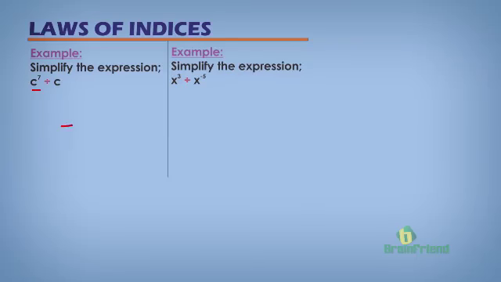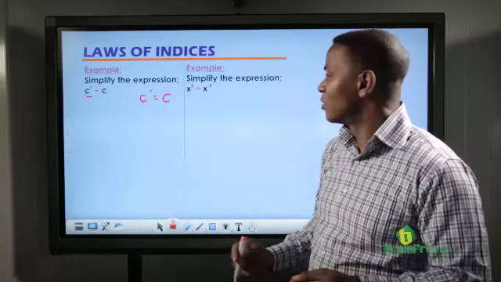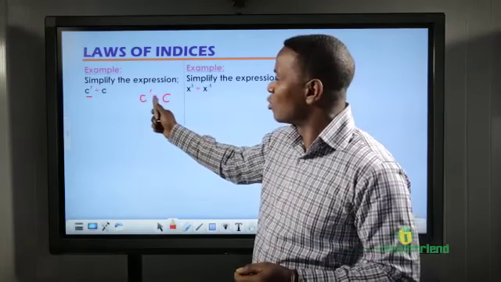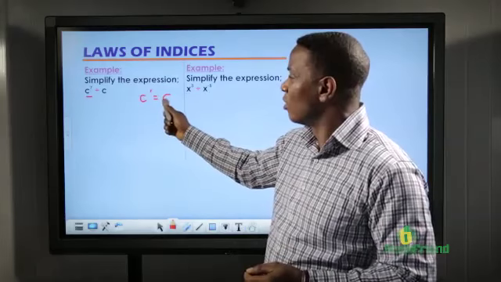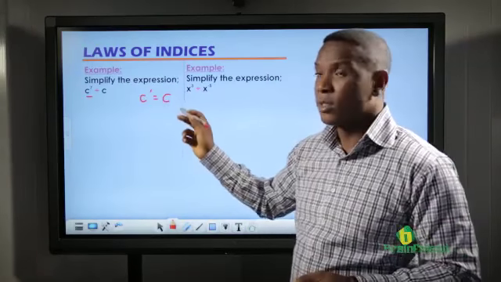If we had c raised to power 7 and we were asked to divide it by c, we said in the last example that any quantity left by itself is actually raised to power 1. This is the same as this. For the purpose of indices, students need to get this basic understanding, or we may make mistakes.